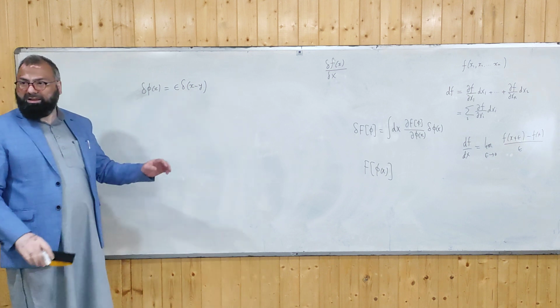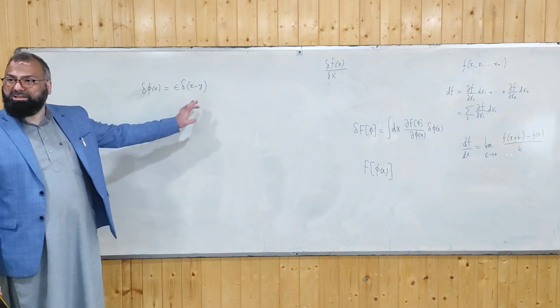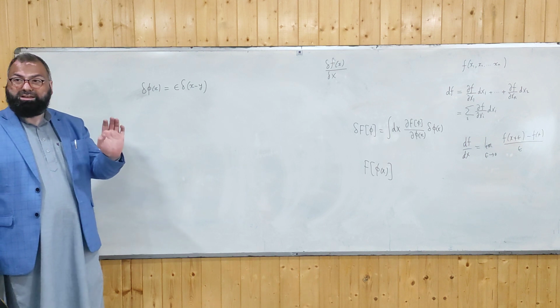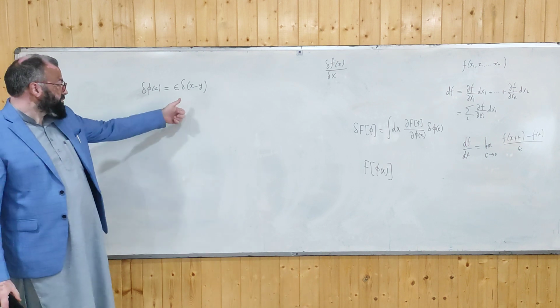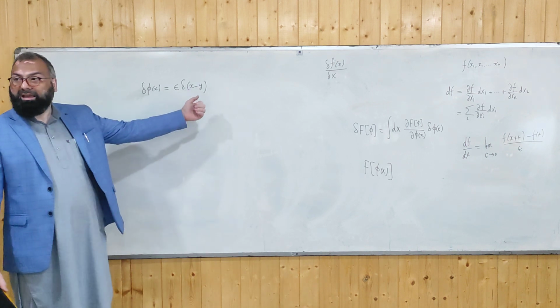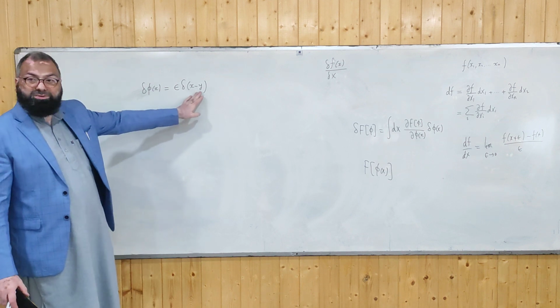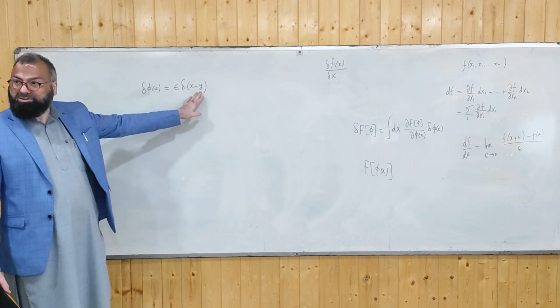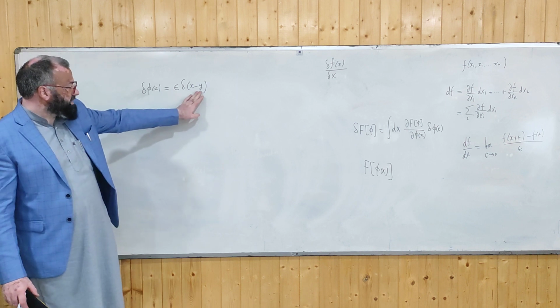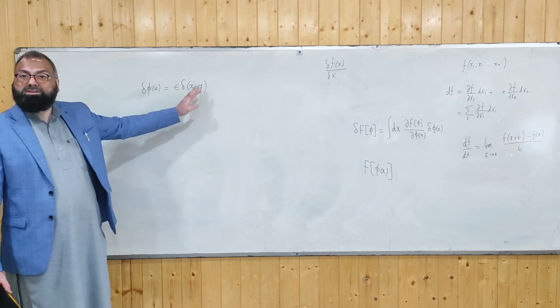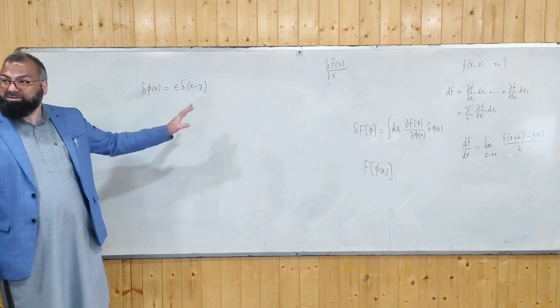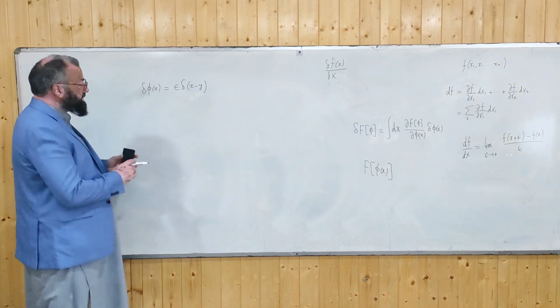Is this a localized point? Because the Dirac delta function specifies the point, it is non-zero only where x is equal to y. So I am choosing a localized point y, clear? Got it?